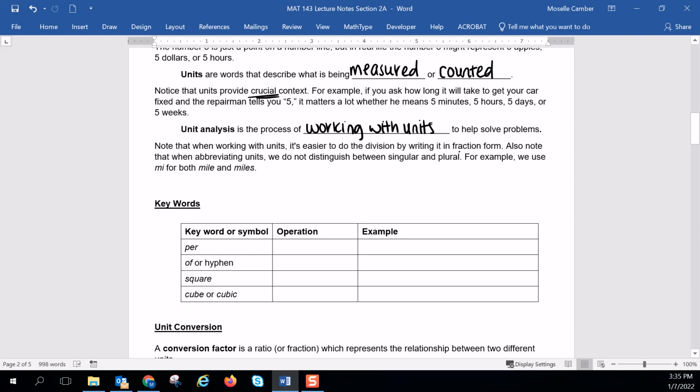We're mostly going to be looking at them in fraction form. For example, when we have 12 inches is equal to 1 foot, we'll write that as a fraction, 12 inches to 1 foot, and I'll show you why we can do that in just 1 minute.